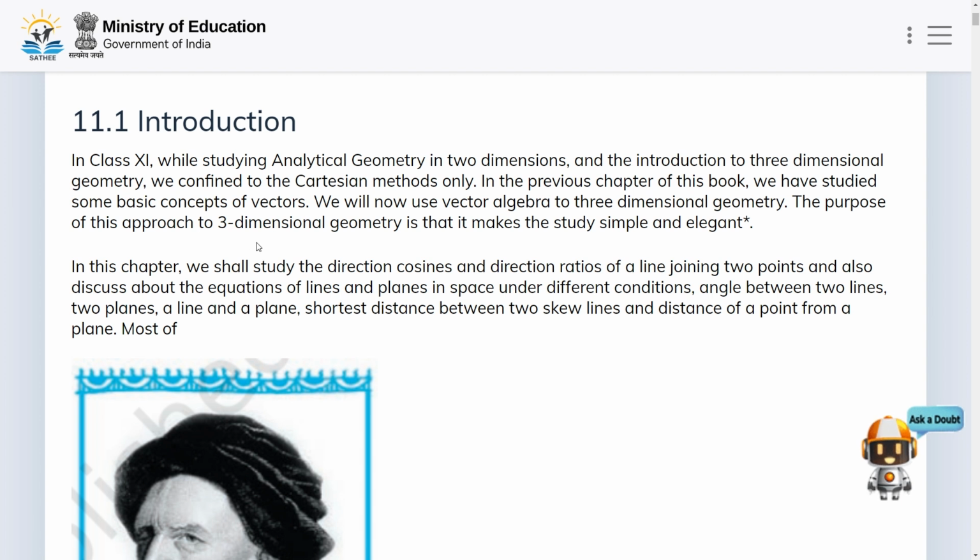Here we will be seeing equations of lines and planes in different conditions, the angle between two lines, two planes, or a plane and a line, the shortest distance between two skew lines, where you will know what we mean by skew lines, and the distance of a point from a plane. All of this we will be studying, but in a different way.